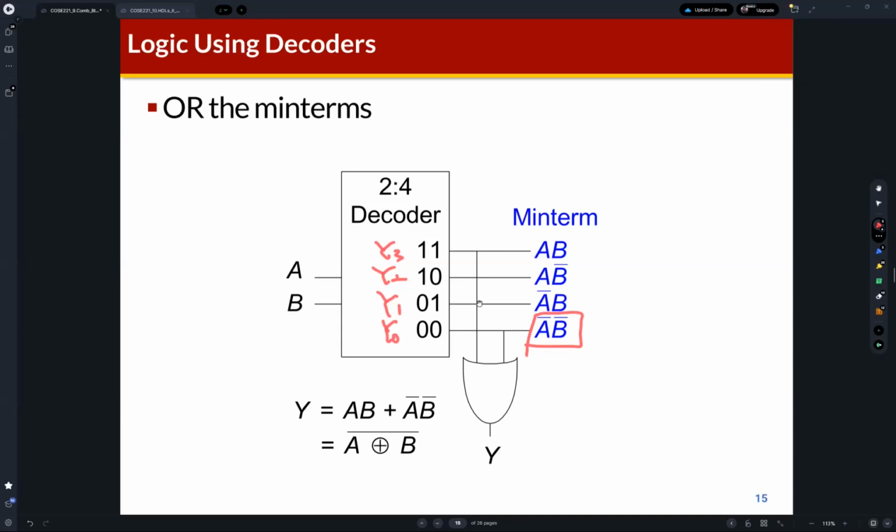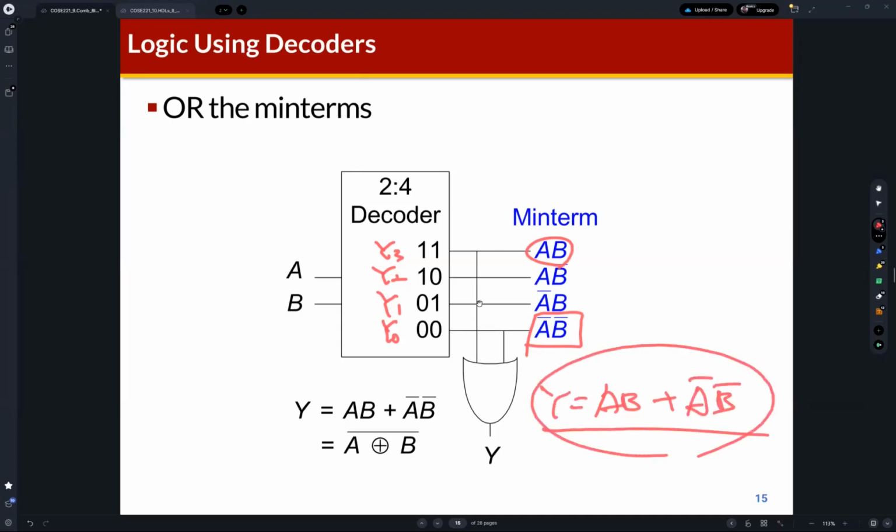Also, we can know that this is AB, because this is 1, 1. And then by connecting AB and not A not B, we can generate this output.